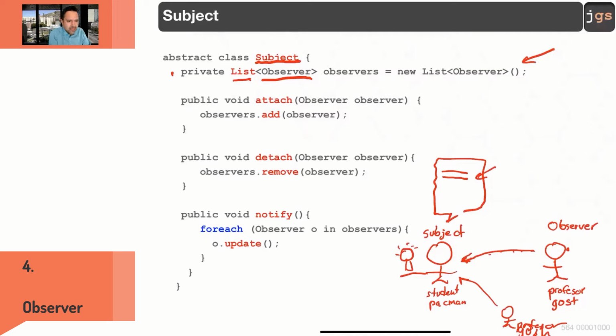A linked list. A linked list of what? Of the observers that I have. A linked list of all the people that have told me that they want to know what happened with this information that I have. The class subject has this linked list to store all the people that have expressed interest in the information.